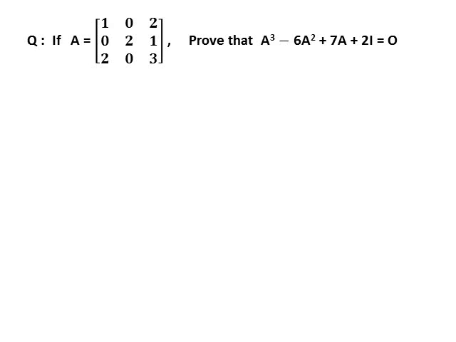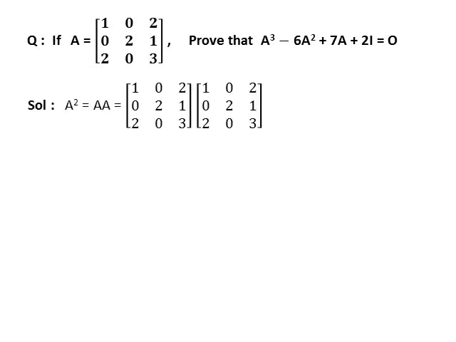In this question, A is a square matrix of order 3. We have to prove A cube minus 6A square plus 7A plus 2I equals to null matrix O. This type of expression is called matrix equation. Here, first we find A square. So write A square equals to A into A. In place of A, write the matrix.